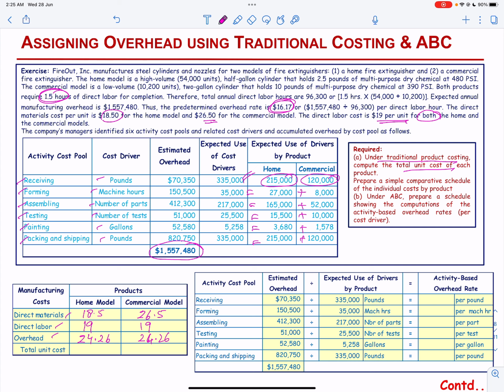So for the total unit cost, we are going to add up the three, and this will be 61.76 and 69.76. So this is part A that we have done. Next, they say prepare a simple comparative schedule of the individual cost by product. That is what we have done by product. Under ABC, prepare a schedule showing the computation of the activity based overhead rates per cost driver. Now you can see that we have the estimated overheads.